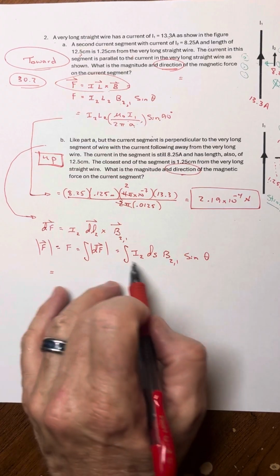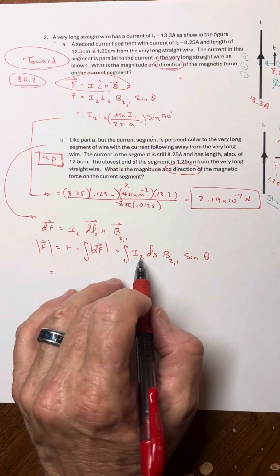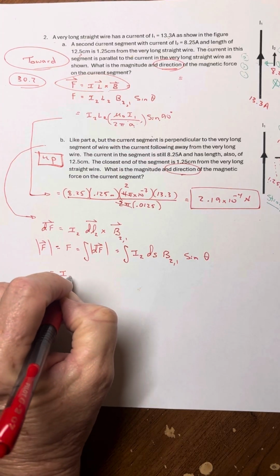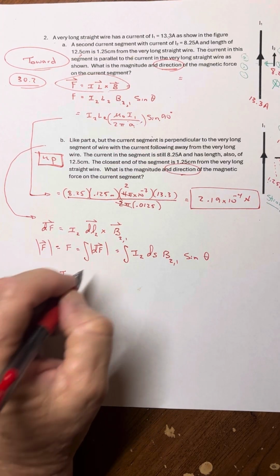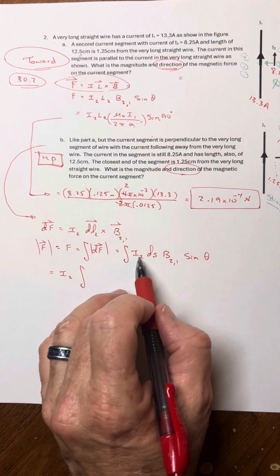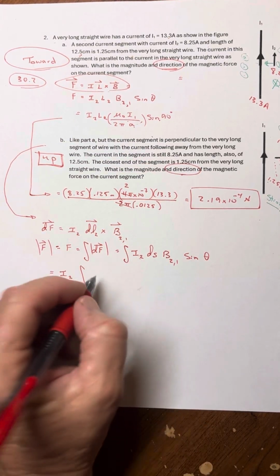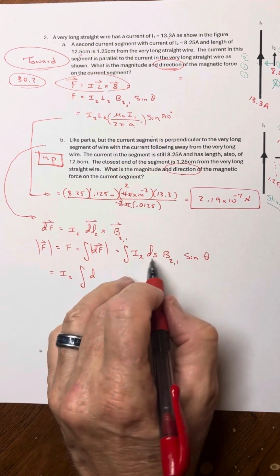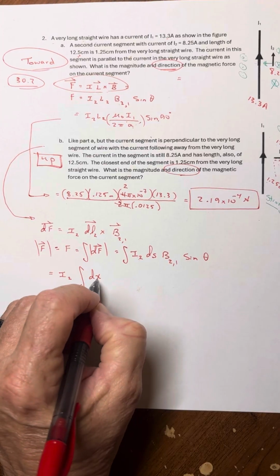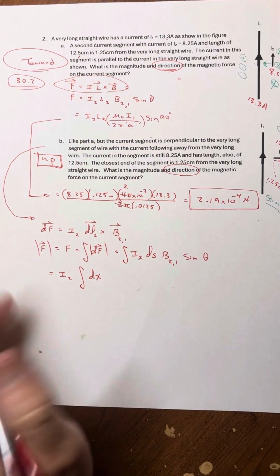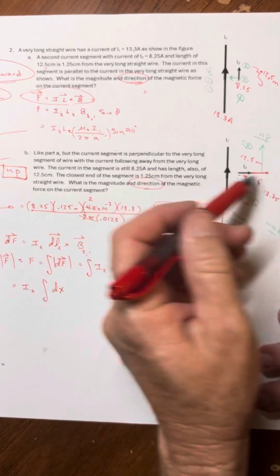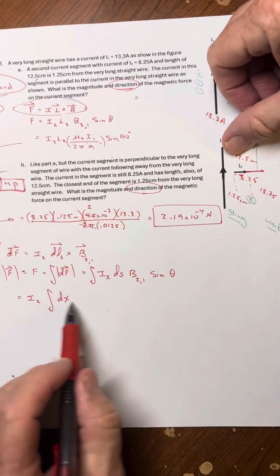And so as we look at this integration, we might say, well, the current in each little segment doesn't change. So we can pull that out in front of the integration. Now the integration ds is along this wire, and just to help my own mindset, since that wire is along a horizontal direction here, let me just call that a dx.